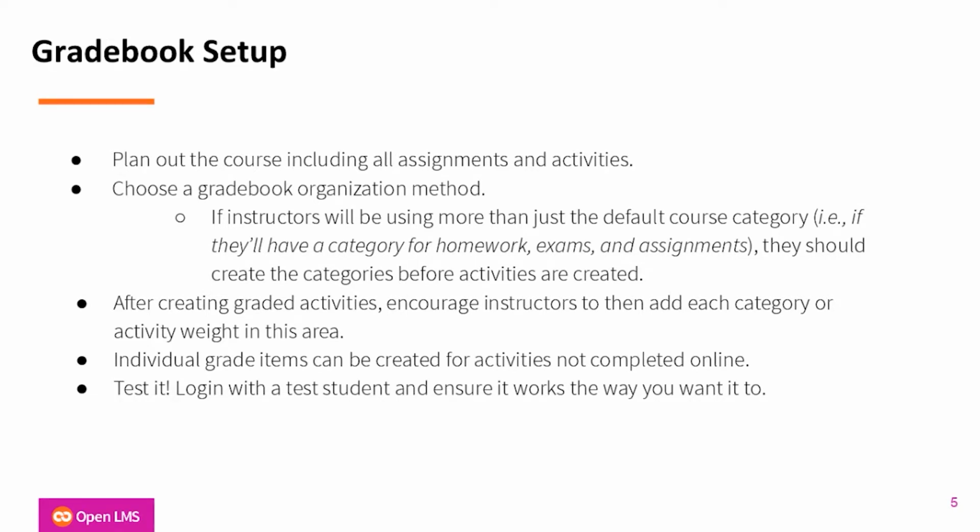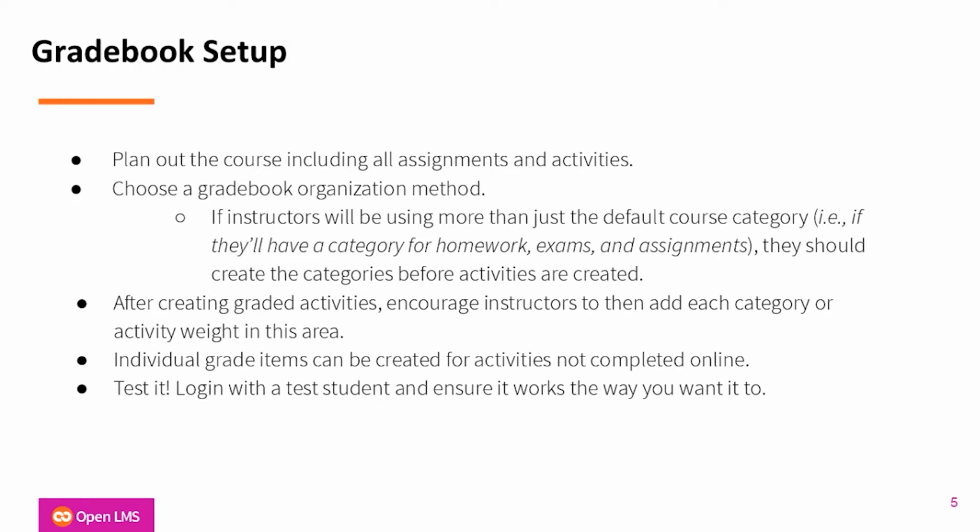But if the instructor wanted to have weighted sections, for example homework, exams, and assignments, where each were 33 1/3%, how would they do that? They would have to create the categories first. We always recommend creating those categories before the activities are created, because you set the category for each activity in the activity area.